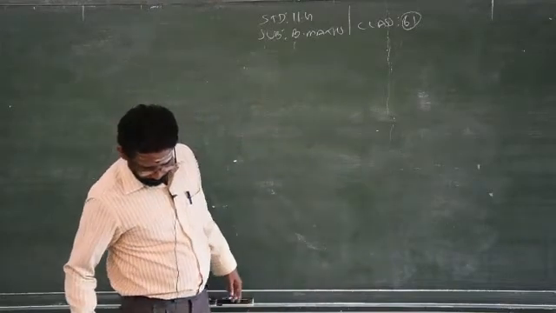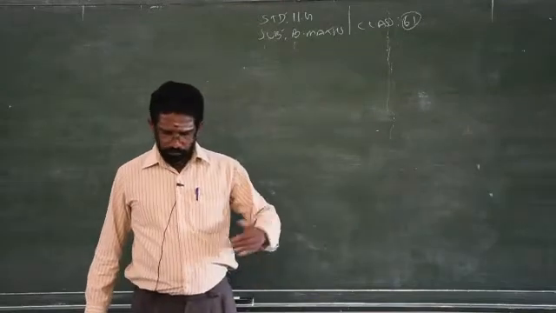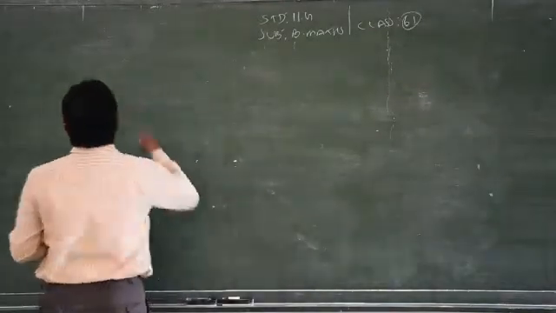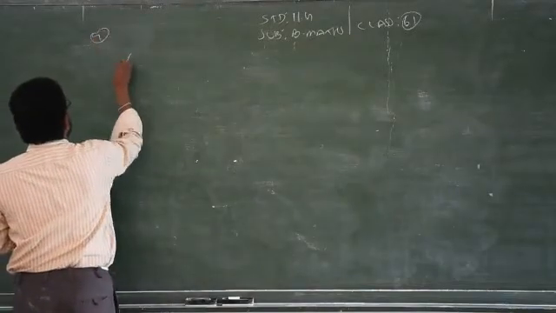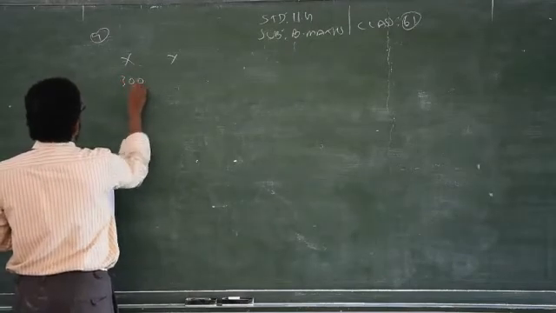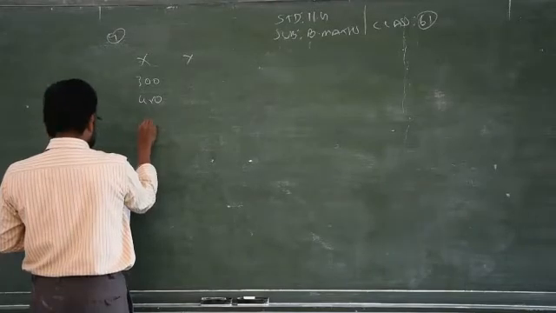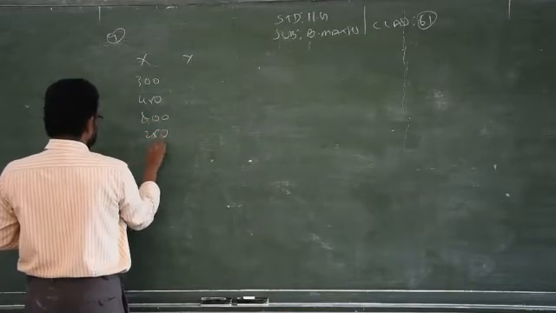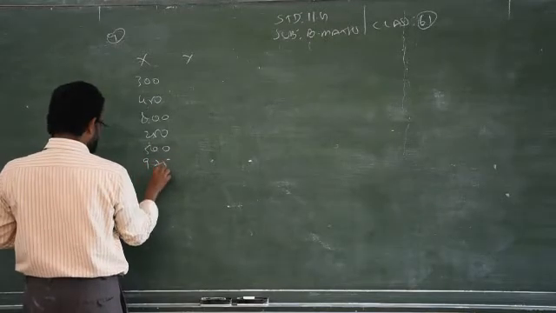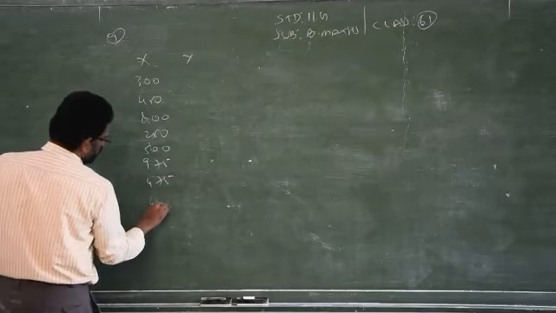Now sum number 9. See, it is not given rank. You have to form yourself rank by taking the values. Estimated cost I consider as X, the next one as Y. It is my convenient. 300, 450, 800, 250, 500, 975, 475, 400.